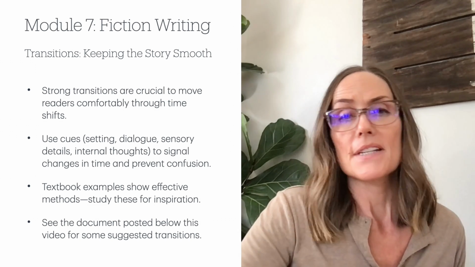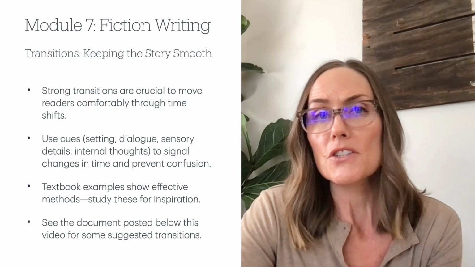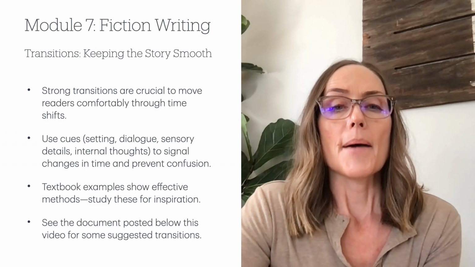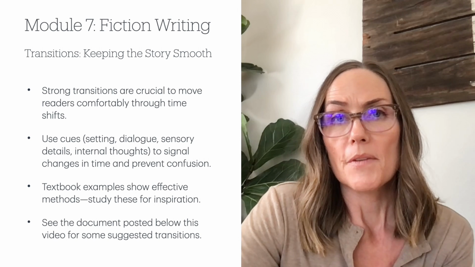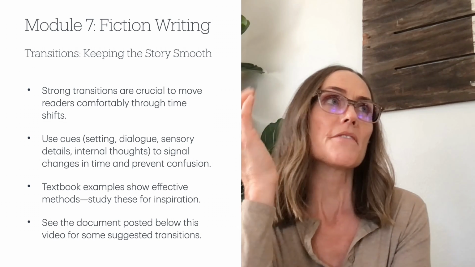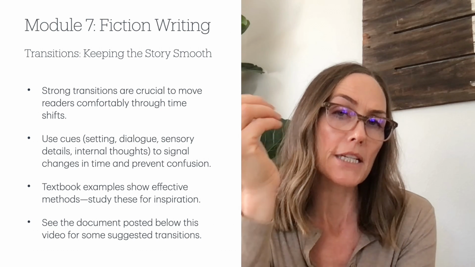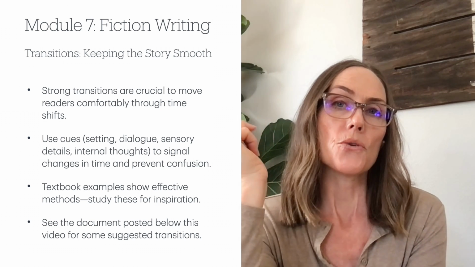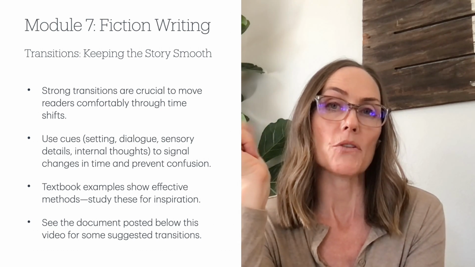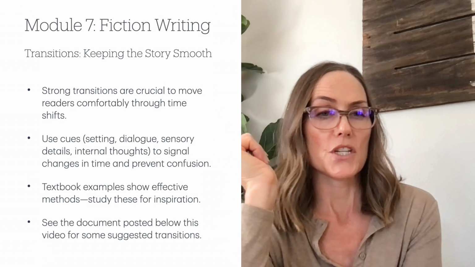Now, there's a lot of examples in your text. You're reading a lot of stories in your text, and they will show you some effective methods. I want you to be looking for those flashbacks and the transitions that are used to effectively get readers in and out. Study these for inspiration.